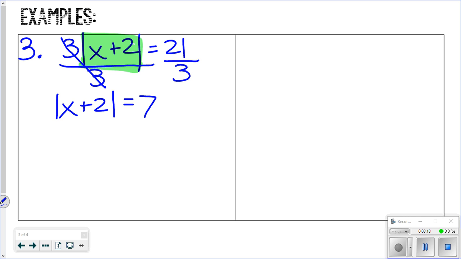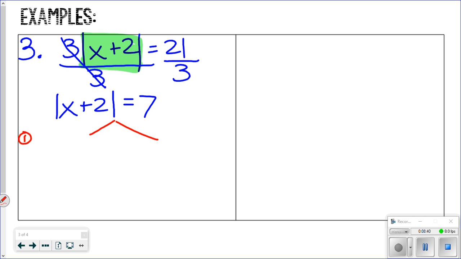So step 1 was to isolate the absolute value expression. We did that. So now we move on to step 2 of our note sheet, which says drop the absolute value bars, and we're going to write 2 equations. So what that means is I am going to start with this equation here and break it down into 2.